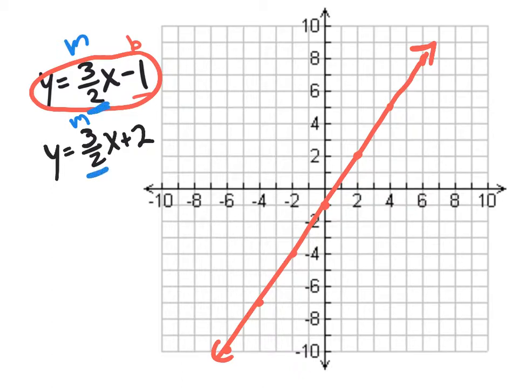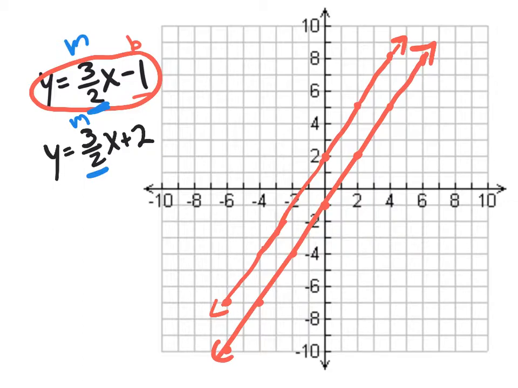They're going to be parallel lines. Okay, so if I go, it crosses at 2, and I go up 3, 1, 2, 3 over 2, up 1, 2, 3 over 2, you end up with that line, which obviously will never cross the other one because it's the same exact slope. So those are parallel. Okay.